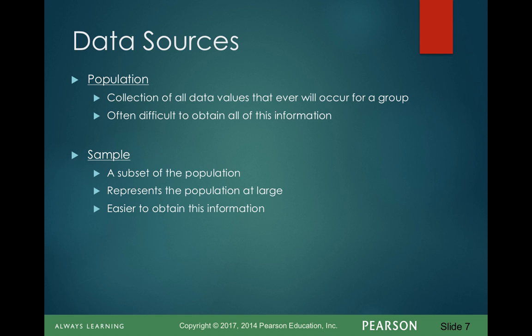Typically, we study populations that have information that's difficult to obtain because there are just so many people or subjects and elements, dogs, cats, trees in our population. And what we do is we go in and collect a sample, which is a subset of the population, and analyze it with the purpose of generalizing from the sample to the larger population.